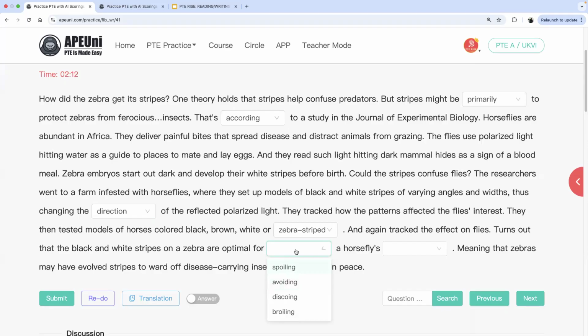I'm confused, I'm going to leave it for now. A horse flies dash. Avoiding attention.